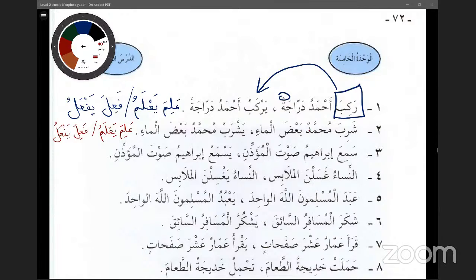Good. And the bab and wazn, please. From alima ya'lamu. Very good. يعلم, which means out of what was it? يفعل. Yes, فاعل يفعل. Barakallahu feek akhi.